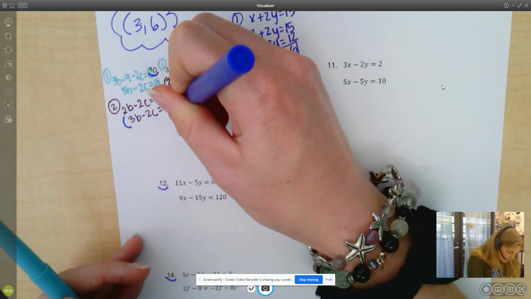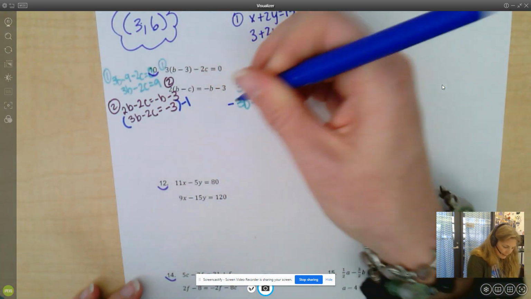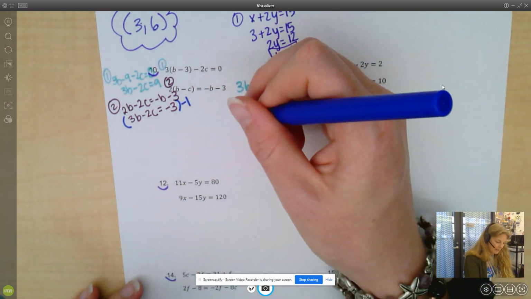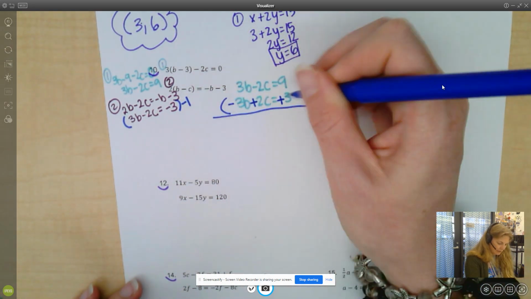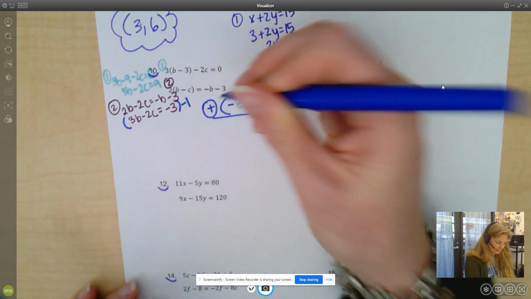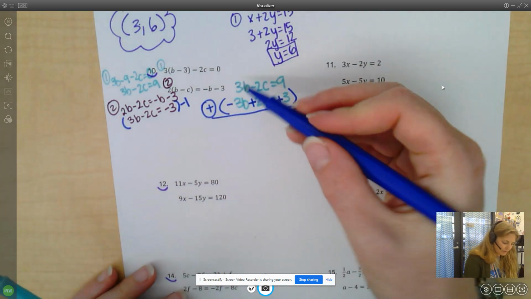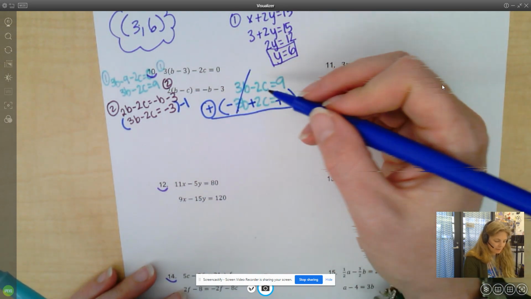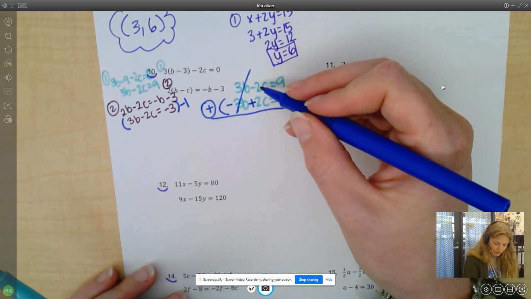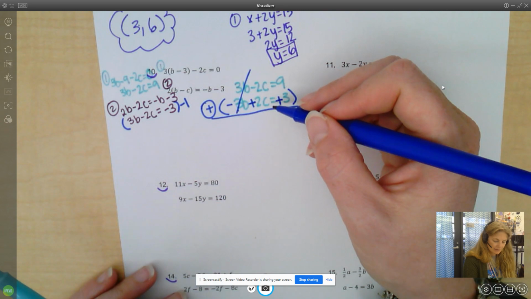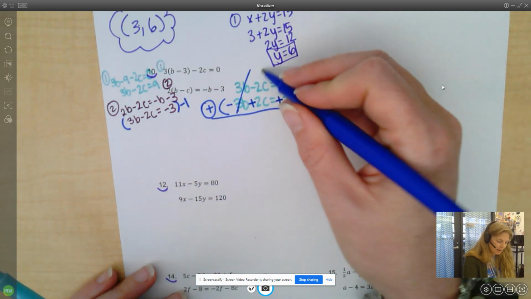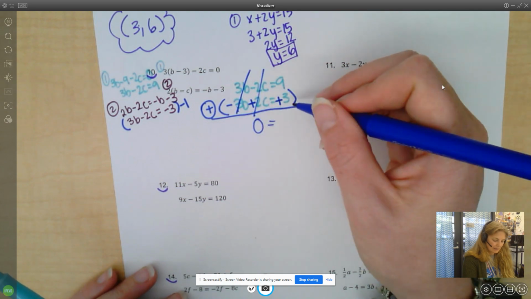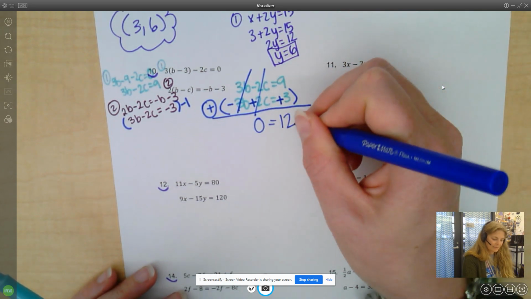Multiply this by -1, and that's going to be -3b plus 2c equals 3. And then I'm going to show adding my system. Awesome. So 3b minus 3b is 0. It's gone. 2c plus -2c, it's gone. So I have 0 on this side. And 9 plus 3 is 12.